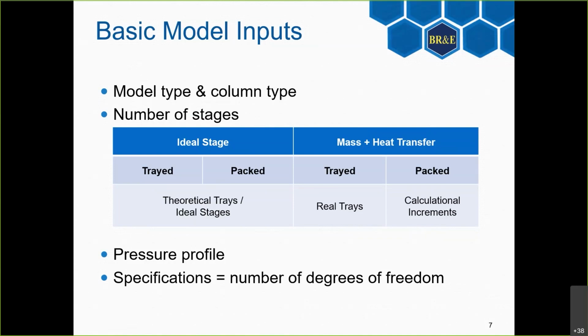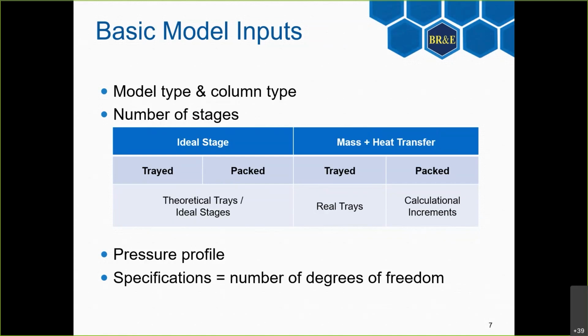Second parameter is number of stages. And as you can see, this really has or might have very different meaning for different model types. So for ideal stage model type, we don't really distinguish between the two. We have these theoretical trays, these equilibrium trays. In terms of the decision, if it's straight column or packed column, that depends on what sort of conversion factor we're using when translating this into reality.